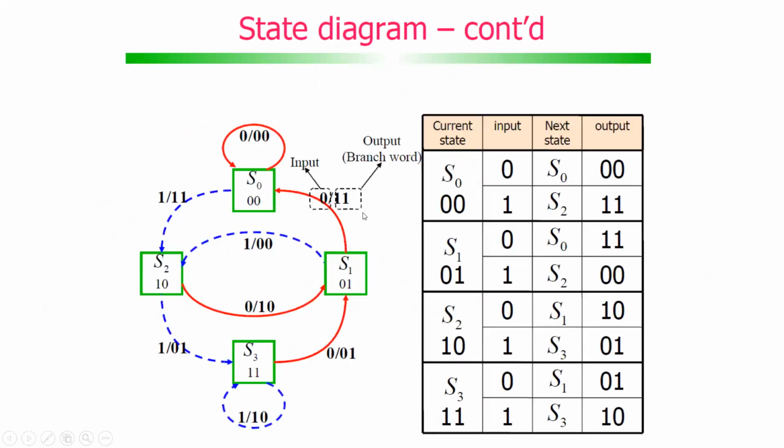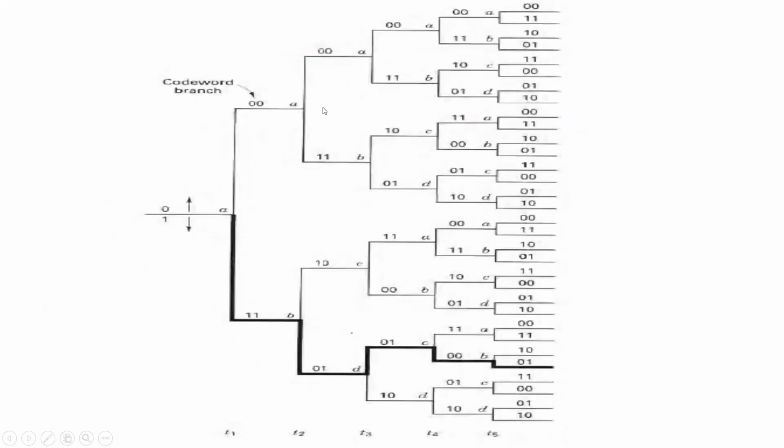In Burnett-Sklar, rather than representing the states as S0, S1, S2, S3, the states are represented as A, B, C, D. Now, if the input bit 1 comes, what is the next state? The next state is B. What is the output? The output is 1, 1. Correct.